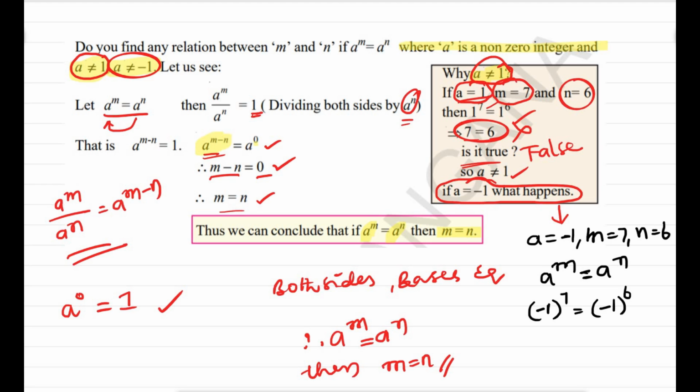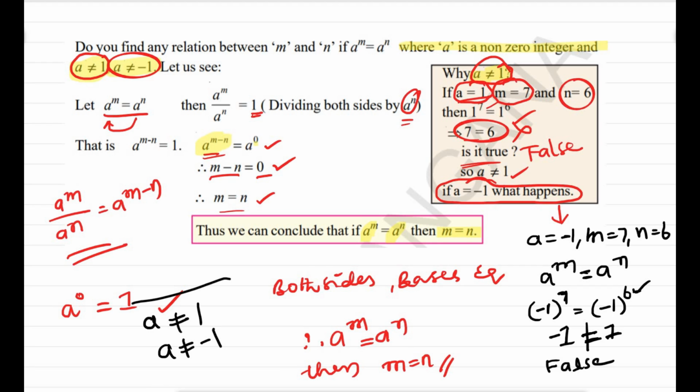Minus 1 to the power of 7, having an odd power, the result is minus 1. If it has an even power, the result is 1. So negative 1 can never be equal to positive 1. So this is false. That's why a should not be equal to 1 and a should not be equal to negative 1. Understand, students? This is the proof of this statement.